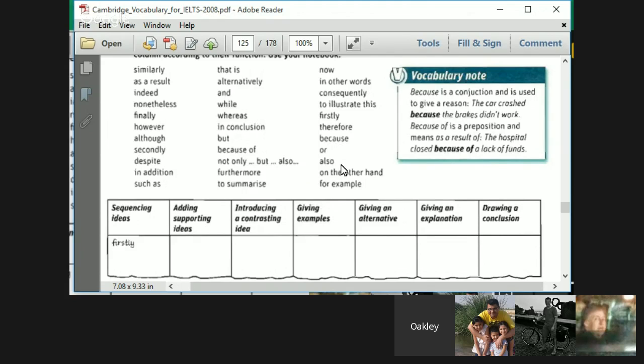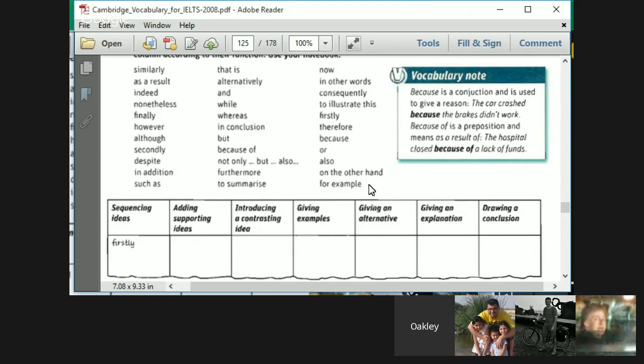Also, it can be supporting idea or giving examples. Well, if you're giving another example, if you've already given an example, yes. Then you can use it as a supporting idea. Most of the supporting idea transitionals we're looking at, if you're giving a second example, then they can also be used. Yeah.